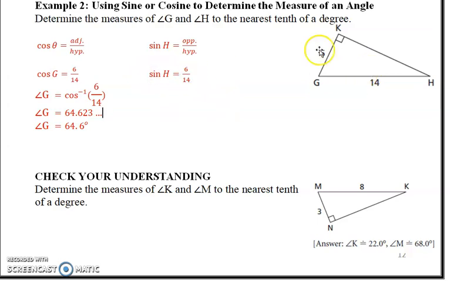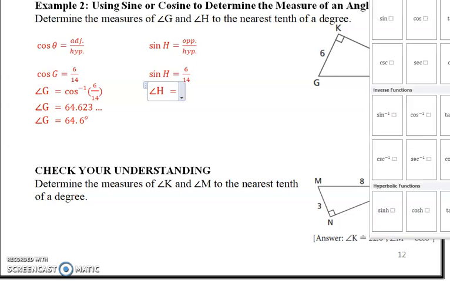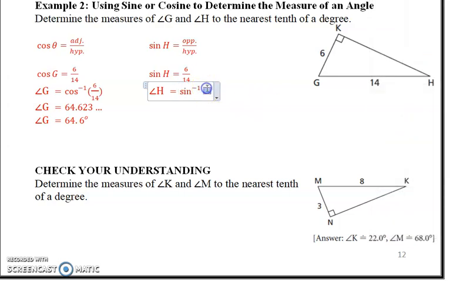You're doing the sine. So in this, with respect to angle H, 6 is actually the opposite side. So you get angle H is equal to the inverse sine of 6/14.